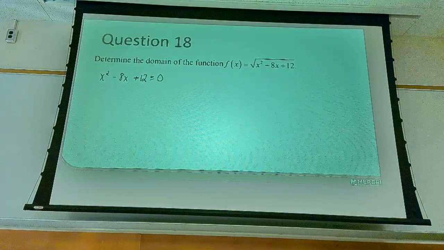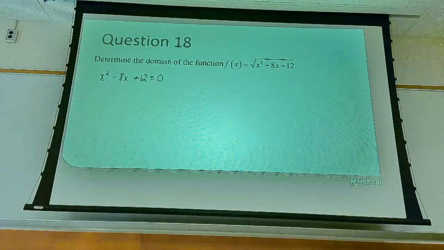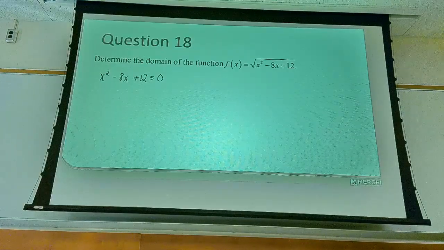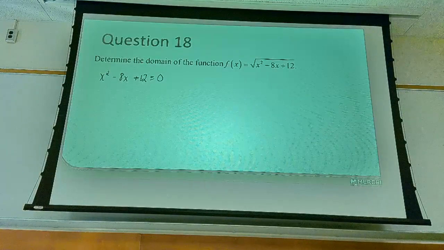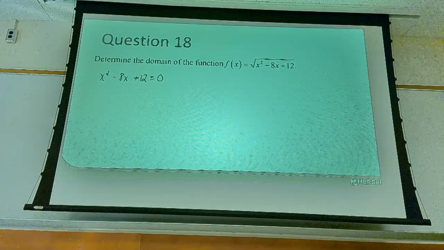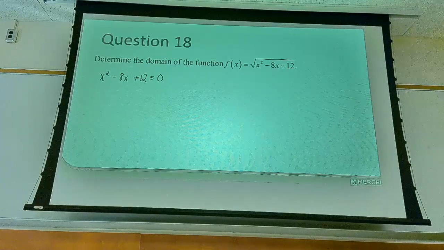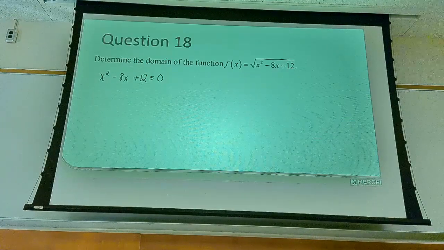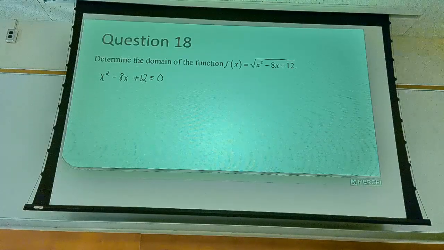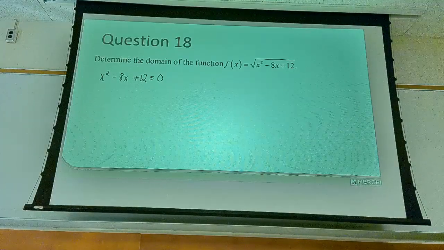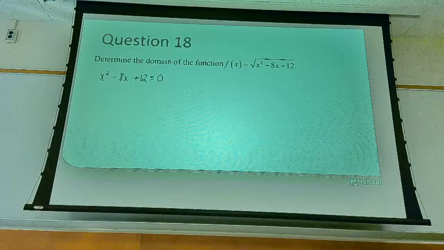Now, in dealing with nonlinear inequalities, you have to start by finding what's called the breakpoints. Breakpoints are where the expression is equal to 0 and where the expression is undefined.